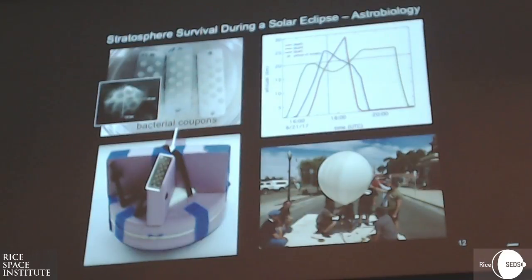If the environment is such that it kills this type of bacteria extensively, we may be able to have the arguments that we need to say we can take Curiosity and move it to locations where there might be special regions and we might be able to look for life. We don't know that we can do that, but this is the kind of experiment that allows us to make the next set of observations and help us make that kind of determination.